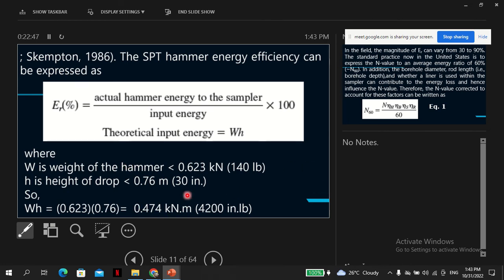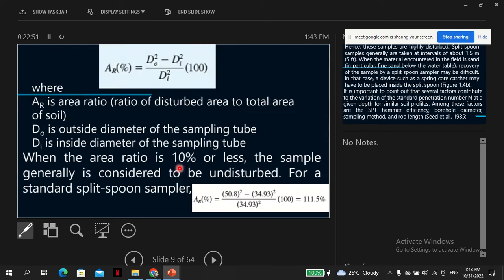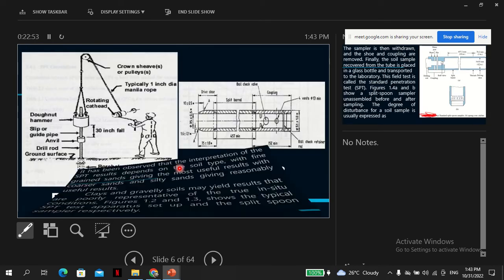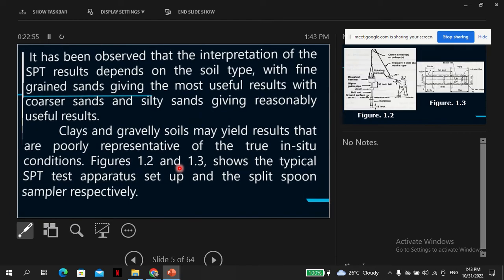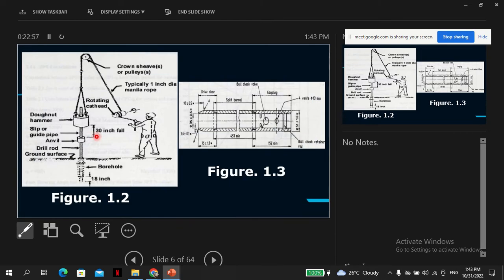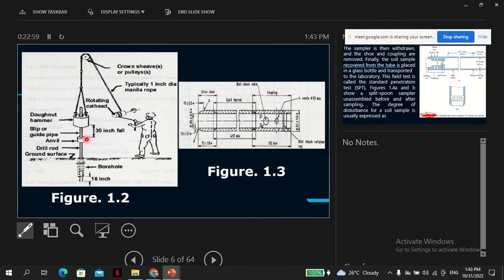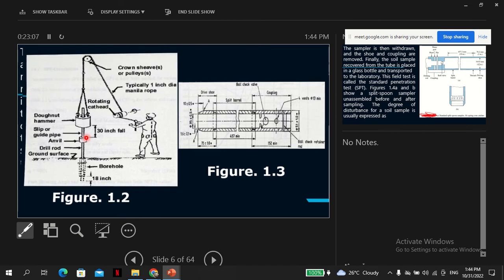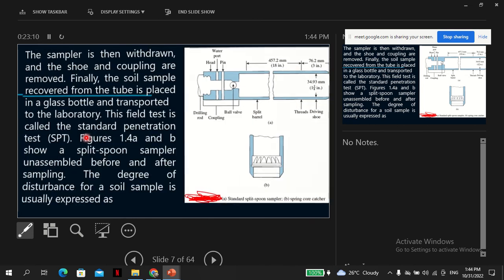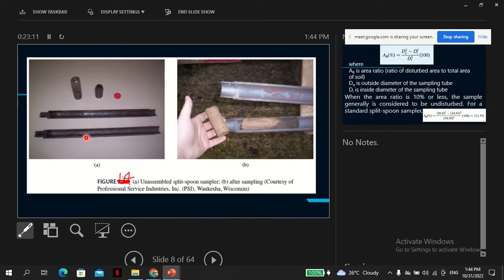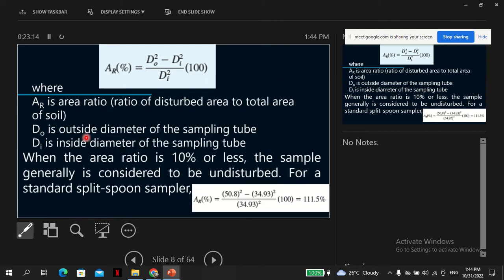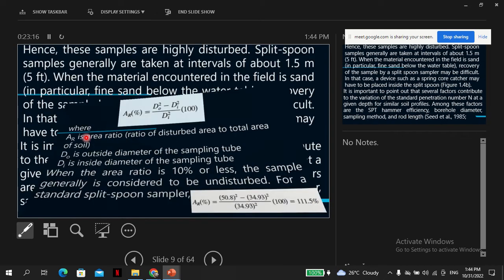But if you were to measure the actual, you put a sensor on the anvil, just on the anvil, and let the hammer hit it and measure the energy, you will notice that the energy is not the same as what we are calculating in theory.